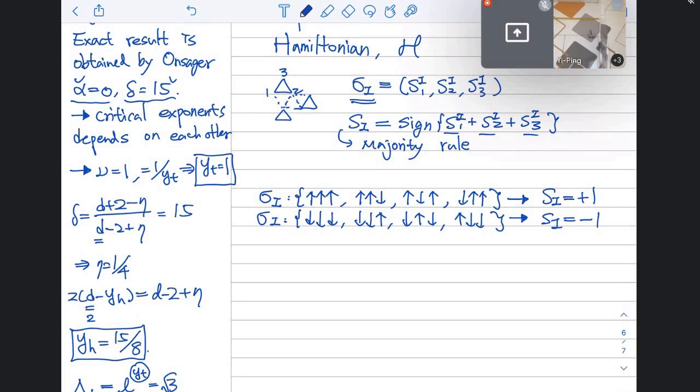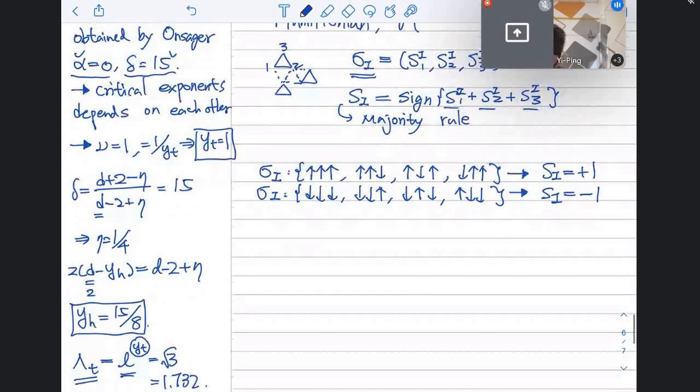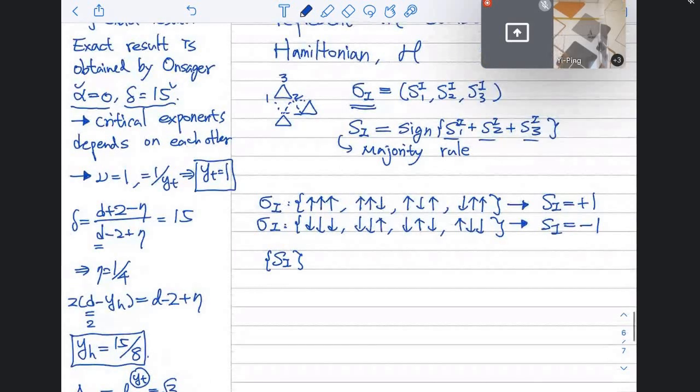At this point everything is quite specific. To get back to the microscopic configuration, there are several ways to do that. One is you give me a set of S_i values, which depend on the majority rule. Once you give me the configuration for this coarse-grained spin, you miss some information, because if the coarse-grained spin is plus 1, I don't know which microscopic spins it is.